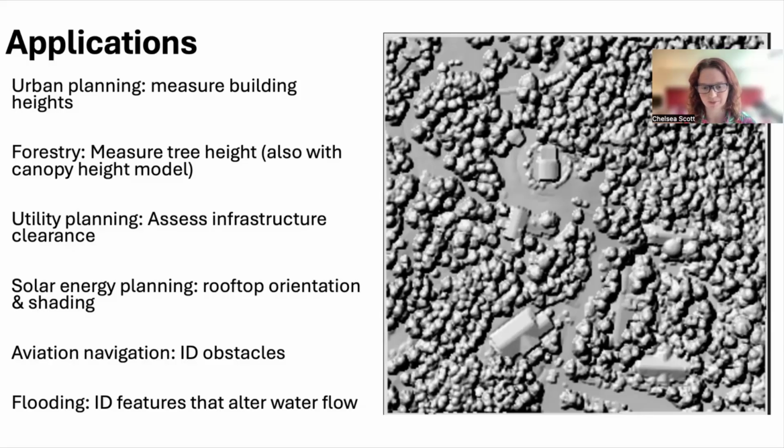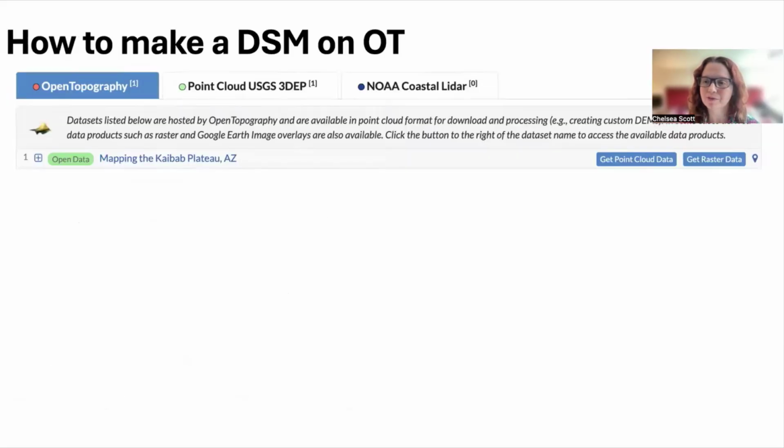water flows. All right, now how to make a digital surface model on OpenTopography. First you want to go to the data page, which we have shown in other videos, and select your dataset of interest.